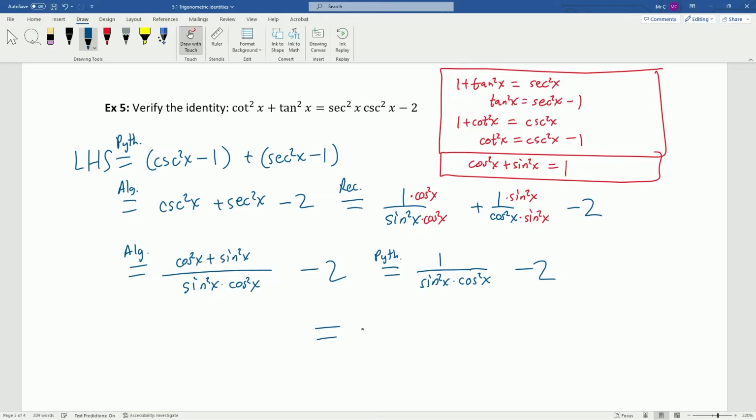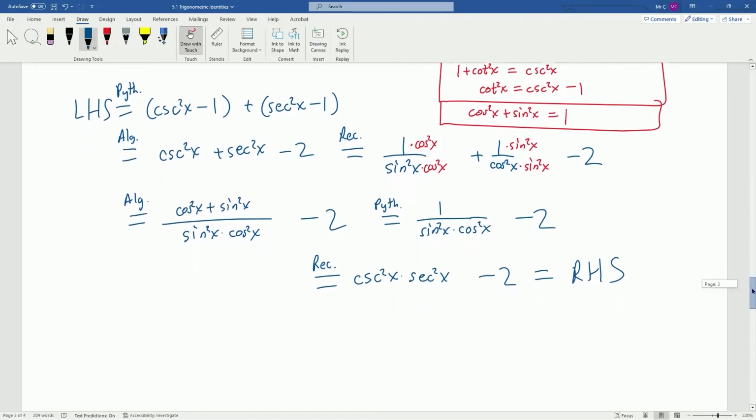So this is cosecant squared of x times secant squared of x minus 2, which is the same thing as my right-hand side. And all I did there was use my reciprocal identities. Okay, well that's it for that one. Let's go ahead and move along.